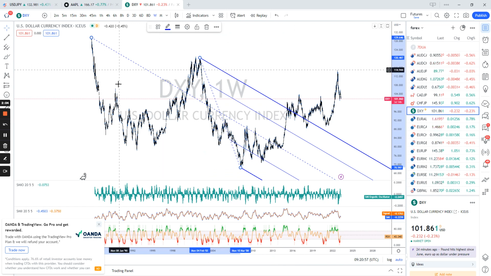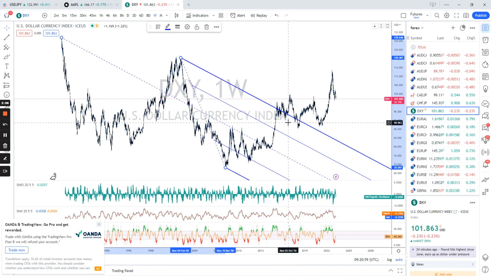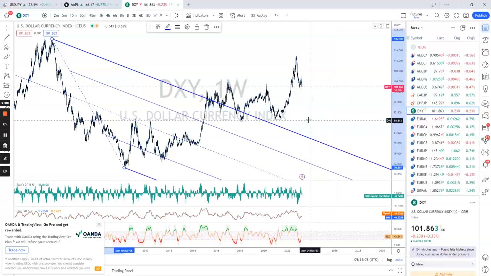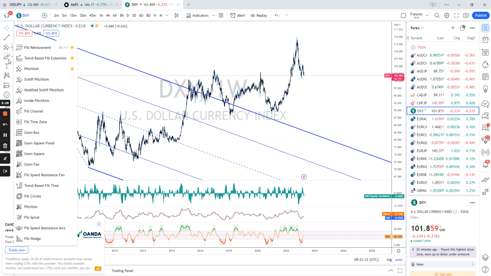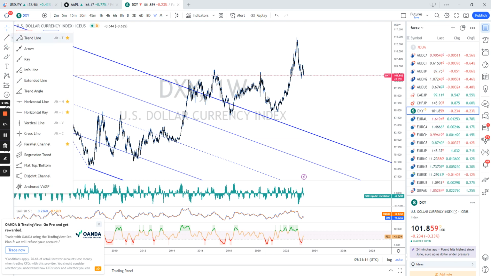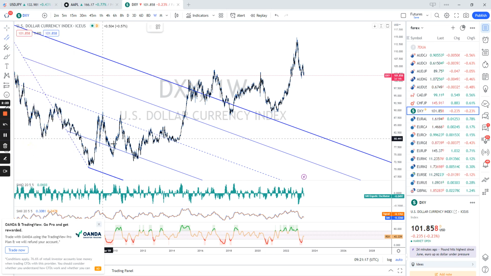Okay, so you can see what is happening. We have a breach to the upside here on the DXY, and also you can notice an unusual channel.